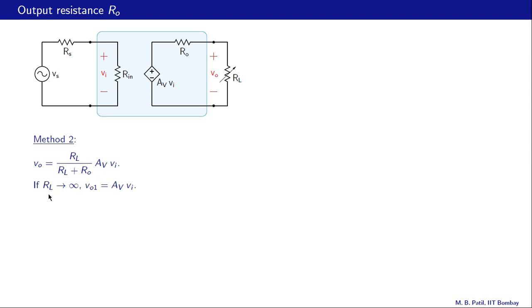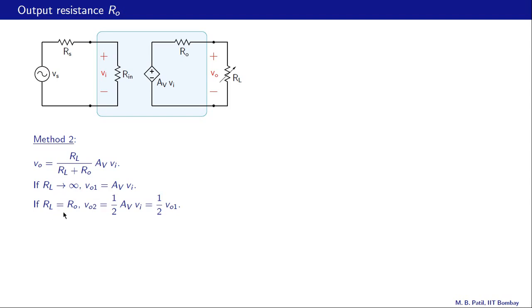Now if we make RL equal to infinity, that is an open circuit, then the voltage is going to be simply AV times Vi, because there is no voltage drop here. Let's call that value VO1. So VO1 is AV times Vi, and that corresponds to RL equal to infinity.